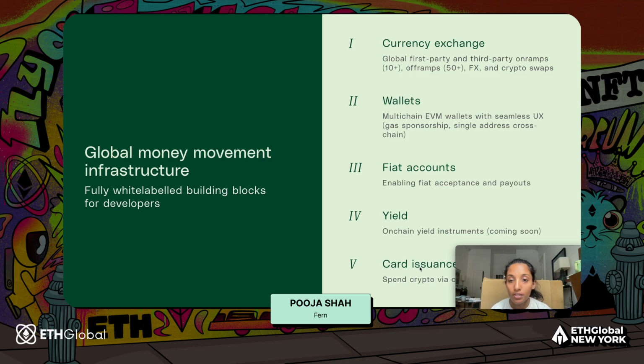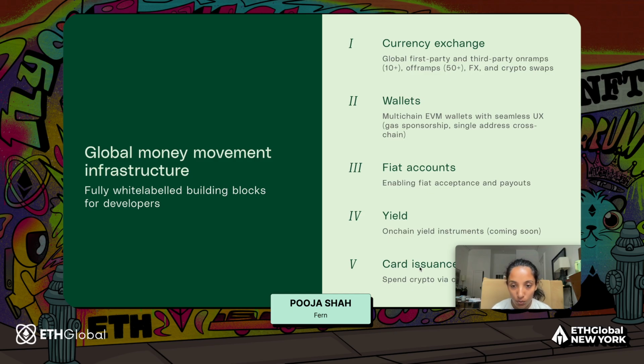Fern also offers fiat accounts, which enable your customers to receive fiat payments in our supported currencies and also make fiat payments. And 2 features that we have coming soon, but which are not currently live in the API today, include yield and card issuance. Yield will enable you, your customers, and whoever else you desire to earn revenue on the funds that are at rest in Fern wallets.